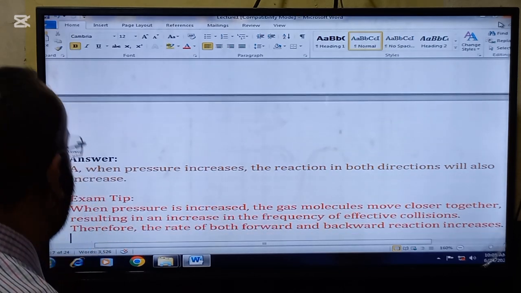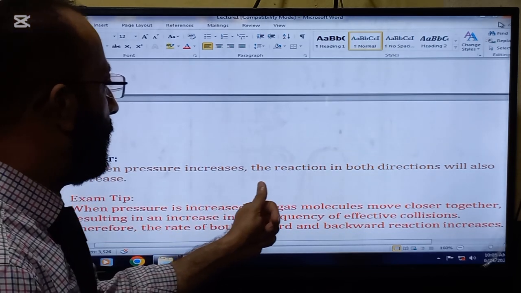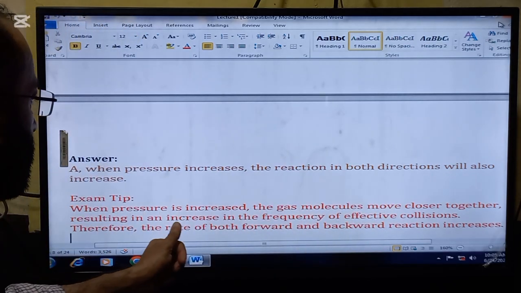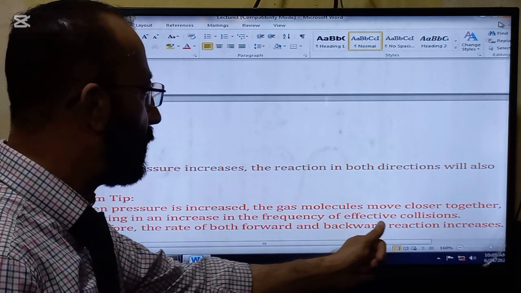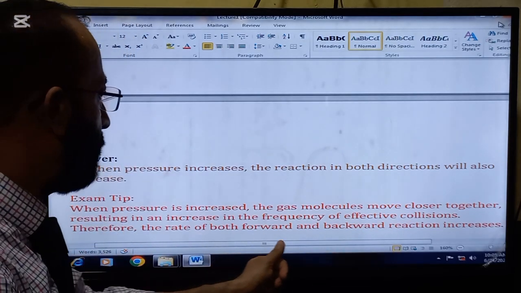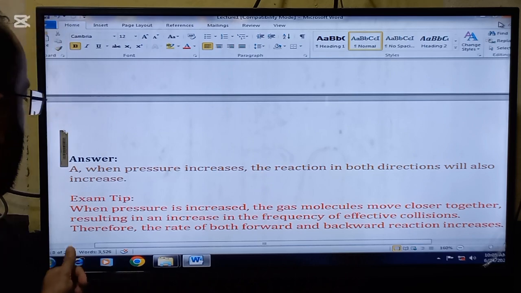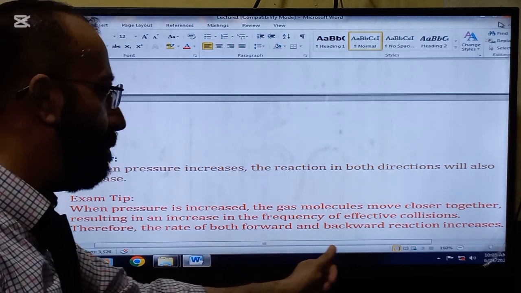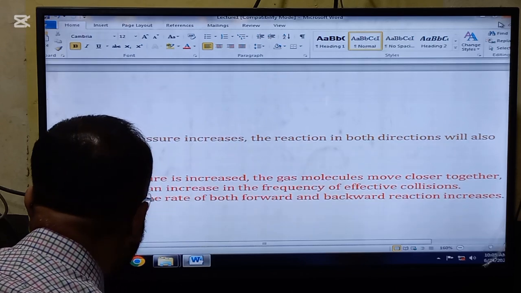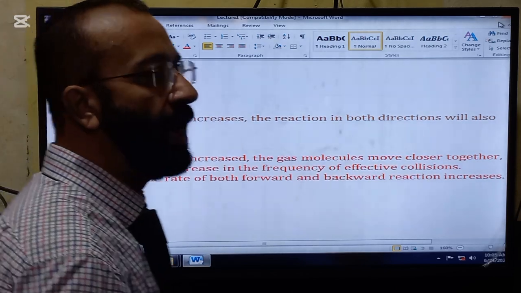Answer A is: when pressure increases, the reaction in both directions will increase. When pressure is increased, the gas molecules move close together, resulting in an increase in the frequency of effective collisions. Therefore, the rate of both the forward and backward reactions increases. So this is the point which you have to remember.